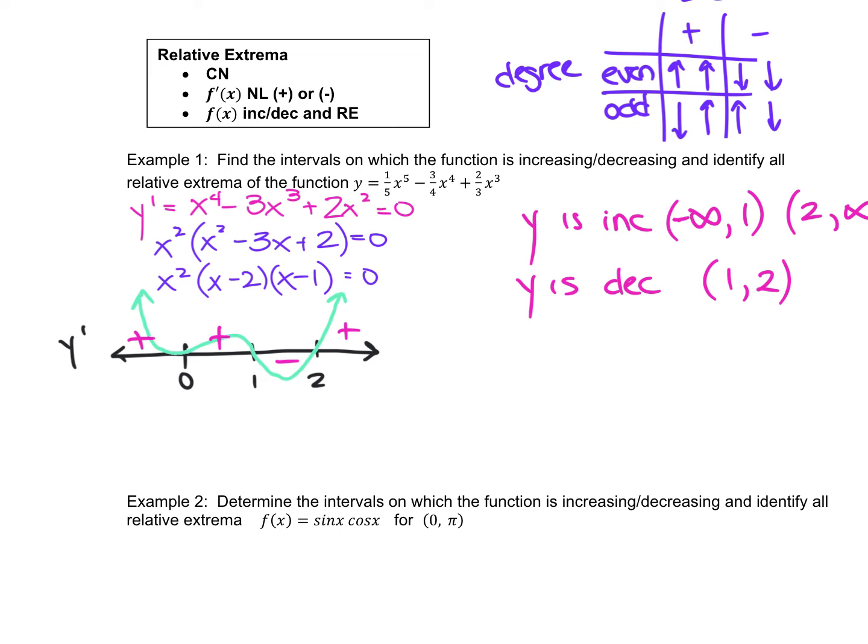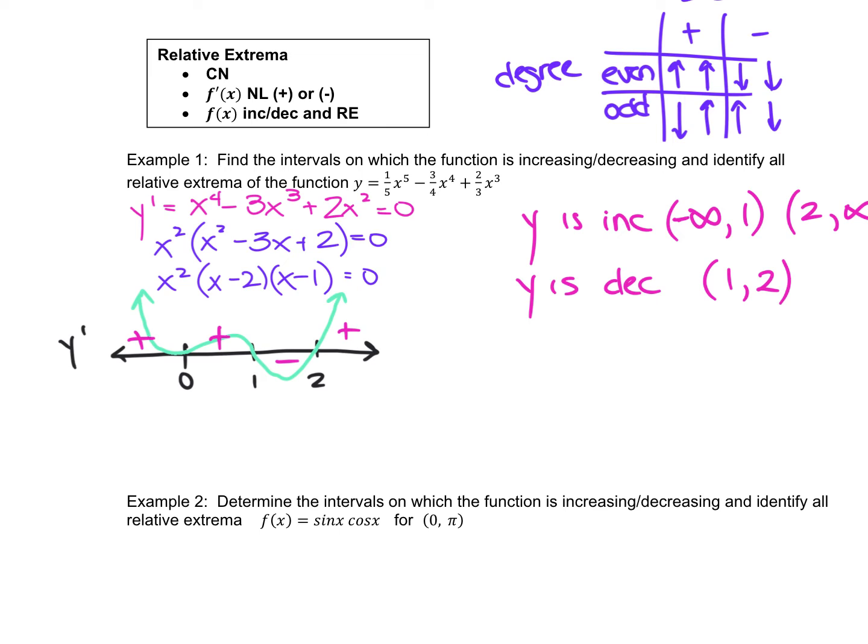Okay? Now you can also tell where it has a relative max and min based off of this. So again, referring to the previous page, we said we have a relative max where our derivative does what? Changes from positive to negative. So look at your number line.